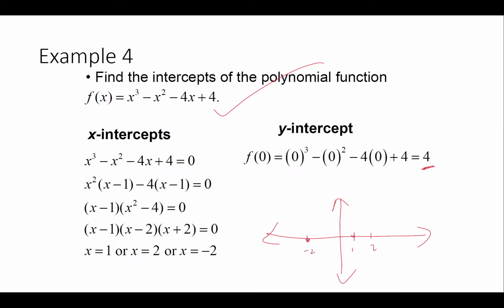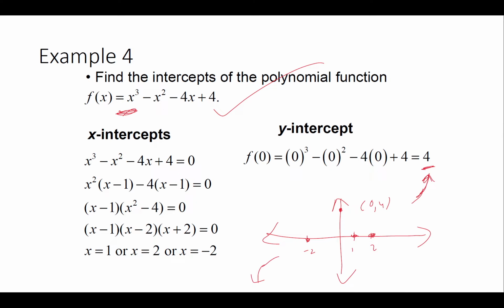So this graph is passing through these 3 points, and f of 0 equal to 4 means it passes through (0, 4). We also know the end behavior is similar to x cubed, which is up to the right and down to the left. So the graph should pass through these points, and it should look like this.